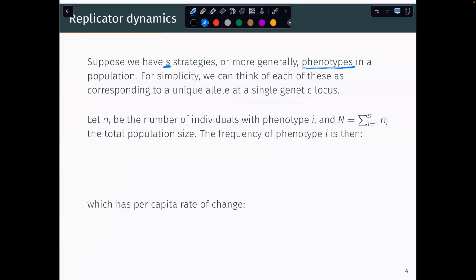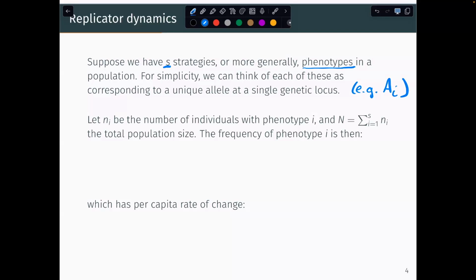We've got S different phenotypes. One way of thinking about these is that we have a unique allele at a single genetic locus. So if we've got A_i as our allele, A1 is just strategy 1 or phenotype 1, A2 is phenotype 2, and so on. And then just like before, we're going to construct a model like we did in our population genetics section of the course, where we can model the dynamics of essentially these different alleles.